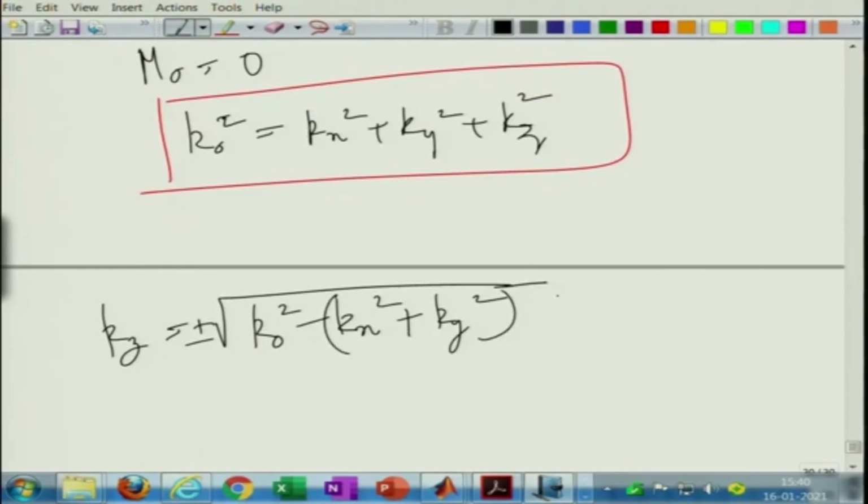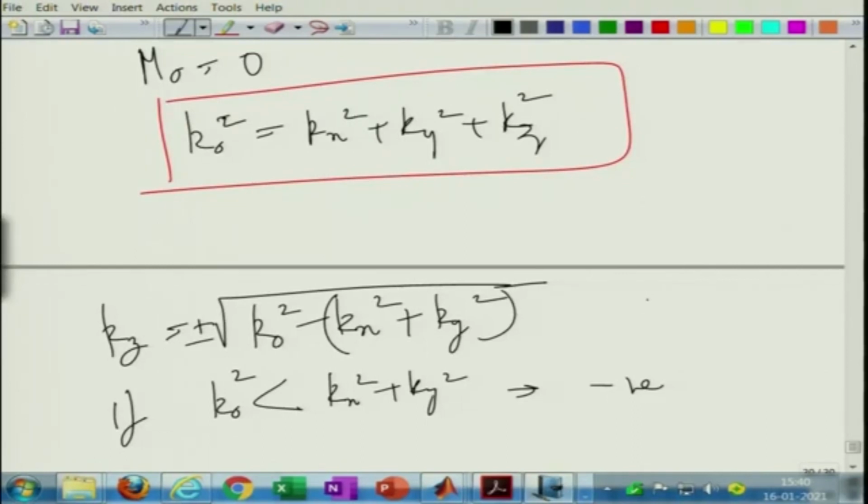When clearly kx square plus ky square, the sum of these squares, is greater than k naught square, or in other words, when k naught square is less than kx square plus ky square, then the term under the bracket is negative. What does that mean? It means kz is purely imaginary.